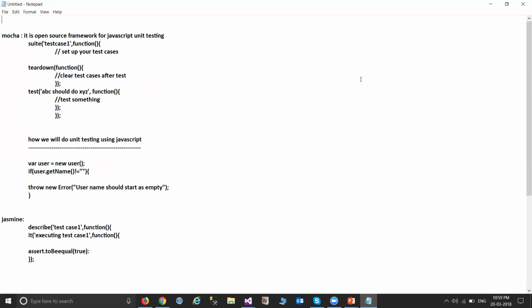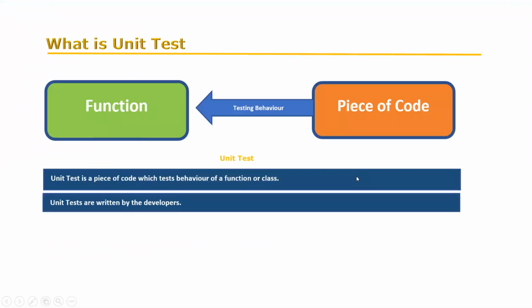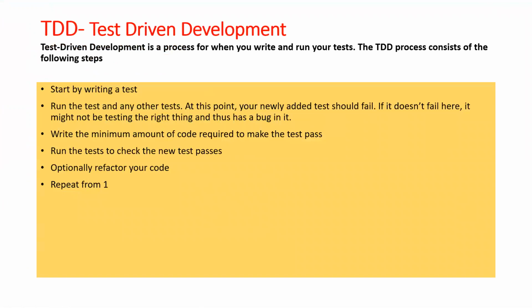Okay. When you go back to your PPT, this is about unit testing. And what is TDD? Test driven development. Test driven development is a process where, before you write code, you have to write a test case.